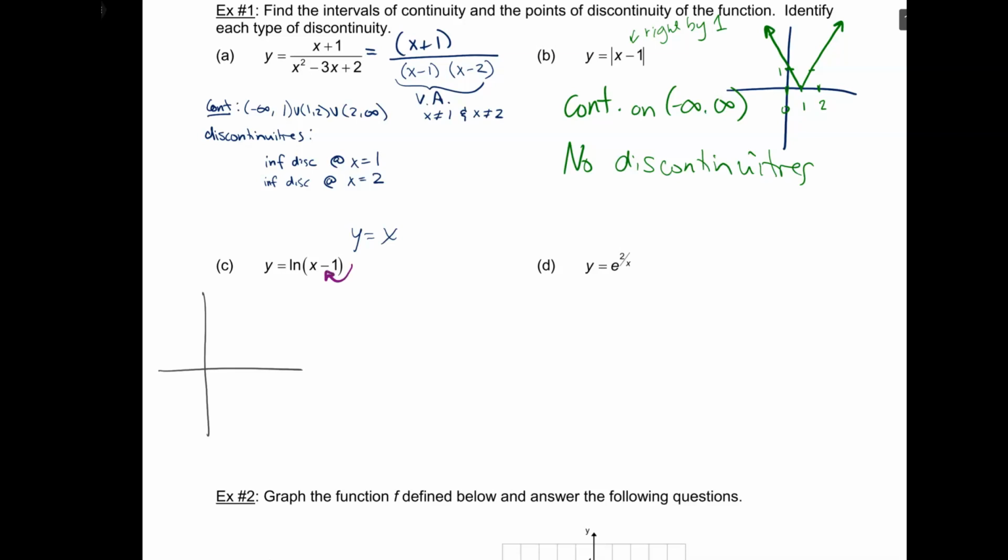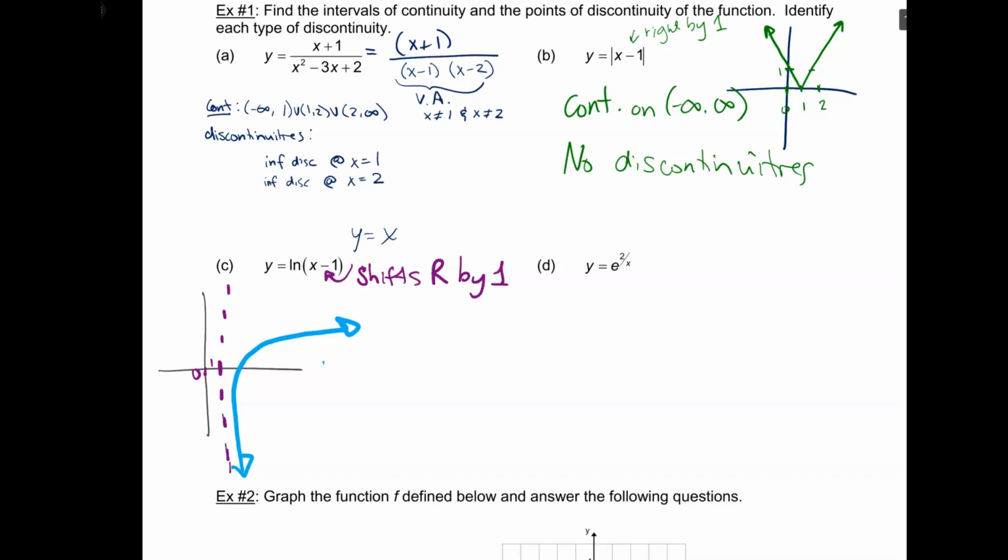So this shifts right by 1. Here's 0, 1, so I have a vertical asymptote. And then ln always follows the vertical asymptote and goes like that. So it's literally not defined left of my asymptote.